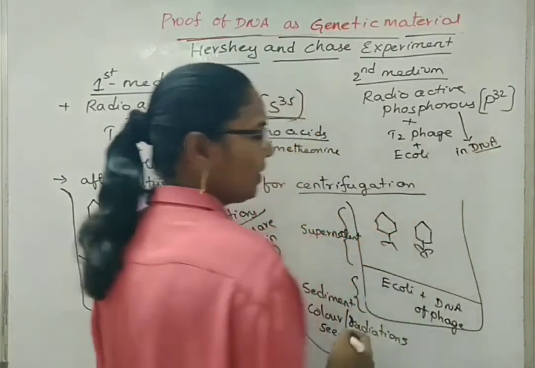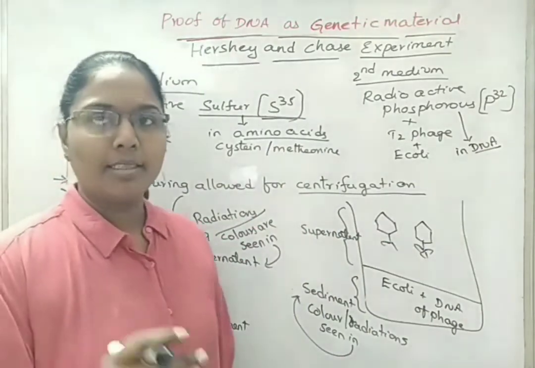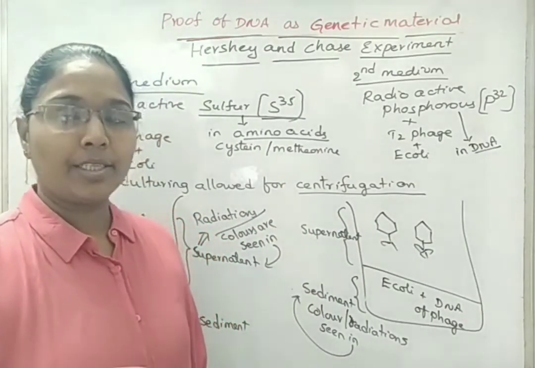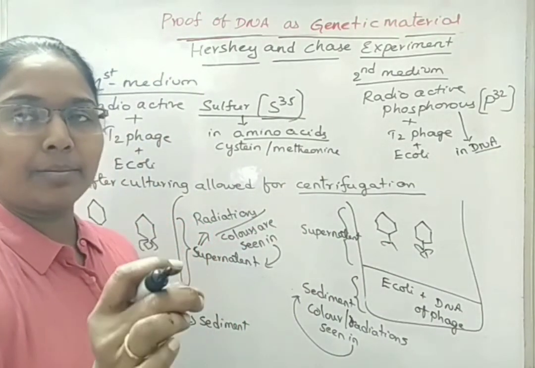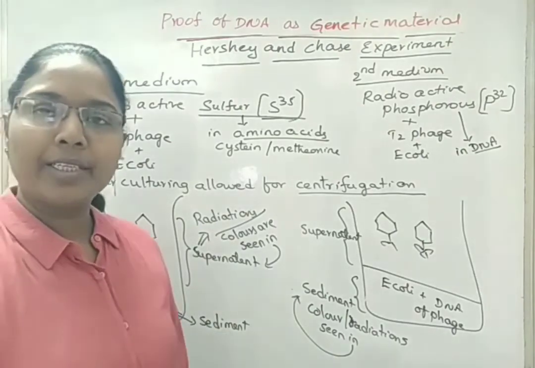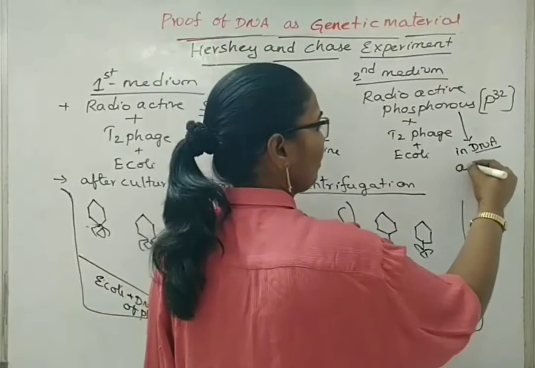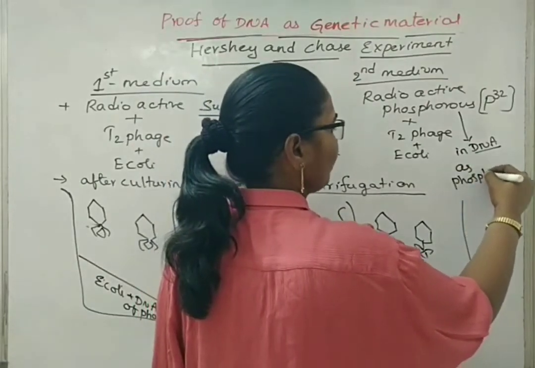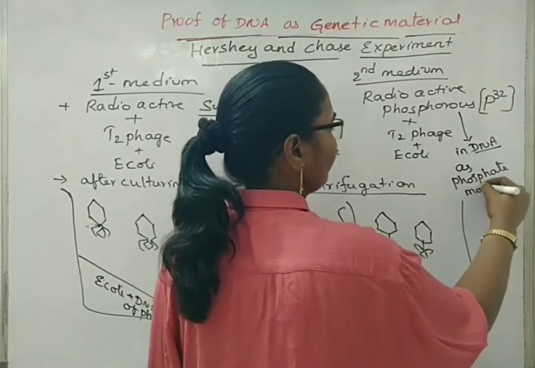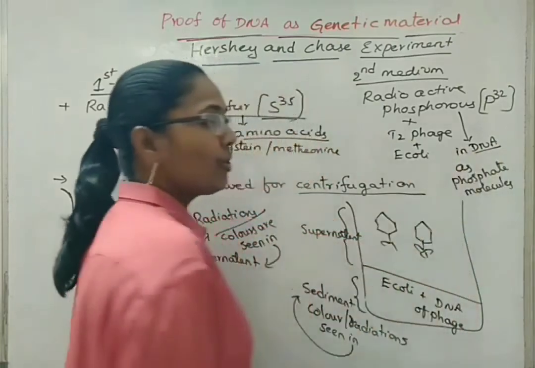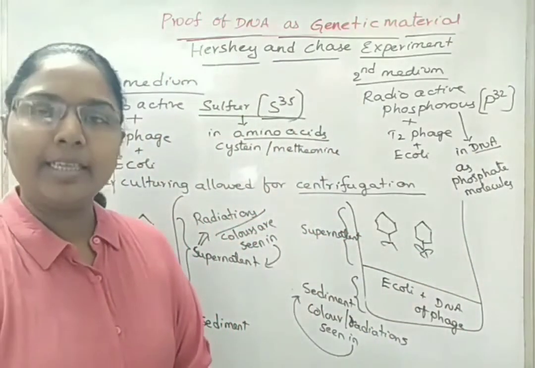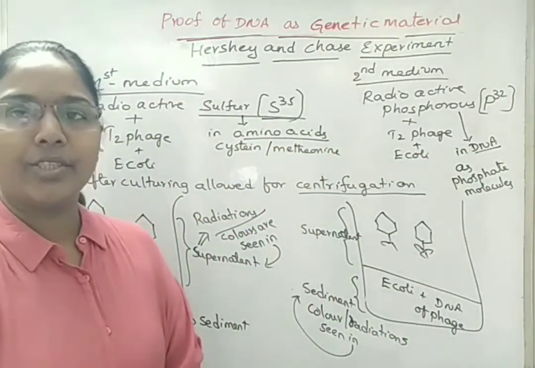We read mostly when we are reading about DNA as phosphodiester bonds created between phosphorus and carbon 3' and phosphorus and 5th carbon of pentose sugars, etc. as phosphate molecules. Because of presence of more phosphates in DNA, DNA is attaining the acidic nature.